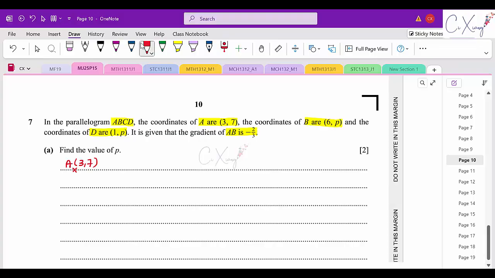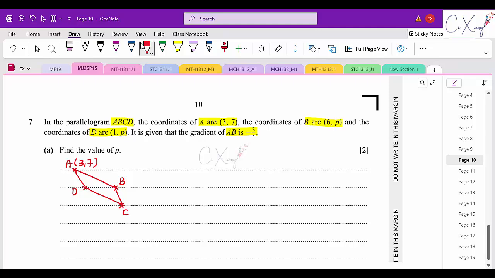I have A to B, then my D must be somewhere here. Then B and C, so my D should be somewhere here. Yeah, this is my D.